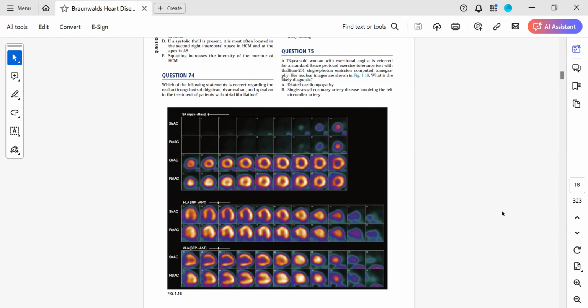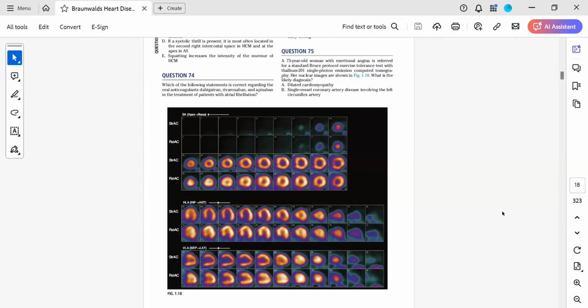This one is showing inferior and anterior. So in the inferior walls, the uptake is less in the stress image compared to the rest image. And then if we look at the last row, this one is showing lateral and septal. I think the septal should be up and the lateral down. I don't know.